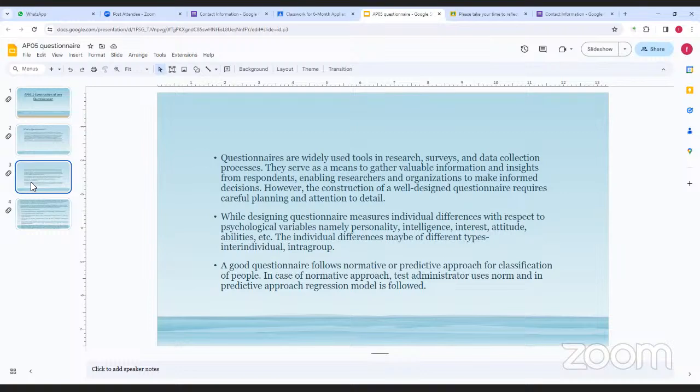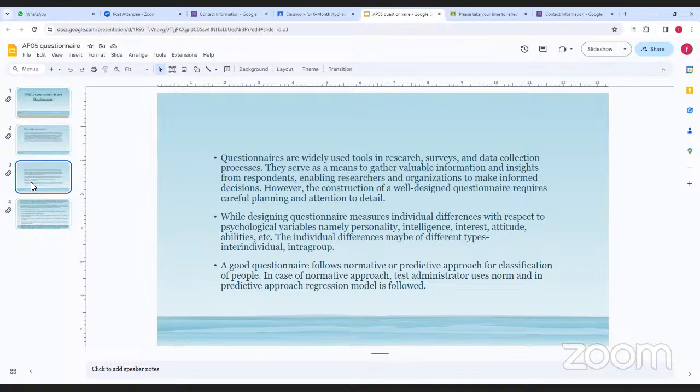Job satisfaction is the attitude towards the job. And you can assume that if the job attitude is high, then job turnover or absenteeism will be less.